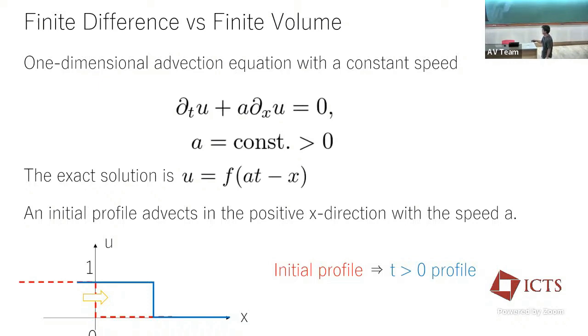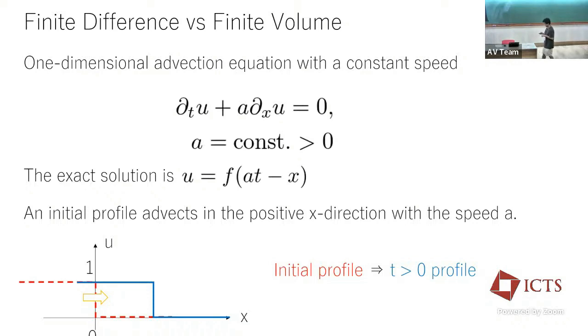Starting from this initial condition, the exact solution tells you that if a is positive, this profile advects to the right. The blue curve is the exact solution after a certain period, and this profile propagates in the right direction.